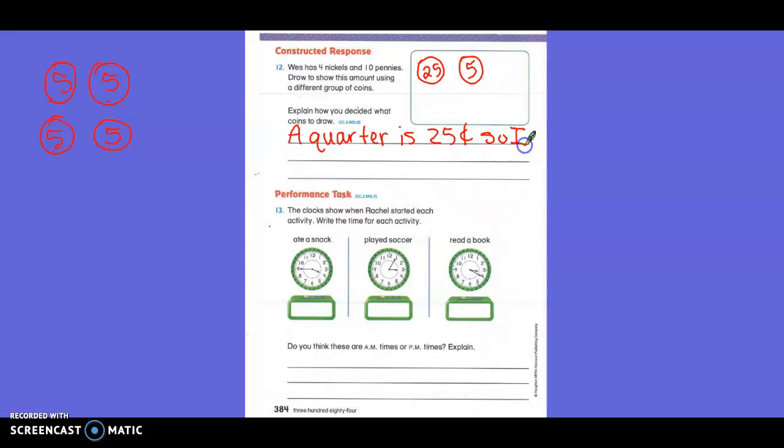So I need 5 more cents to get to 30 cents.